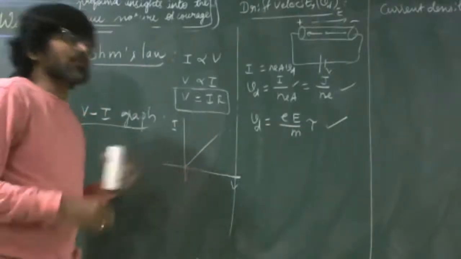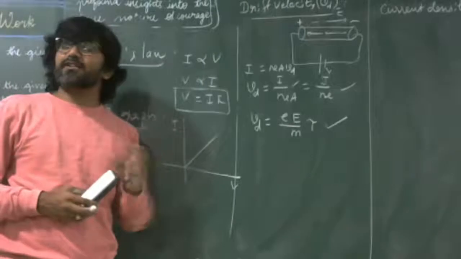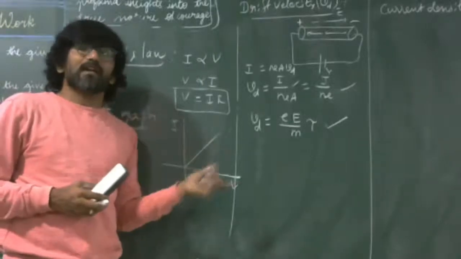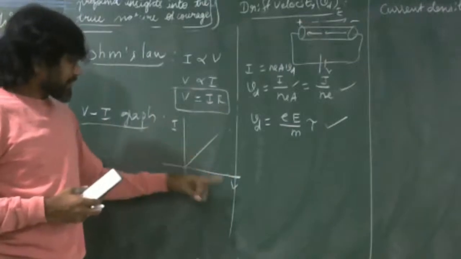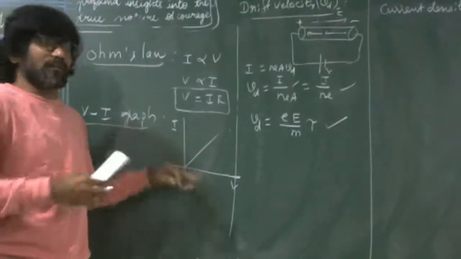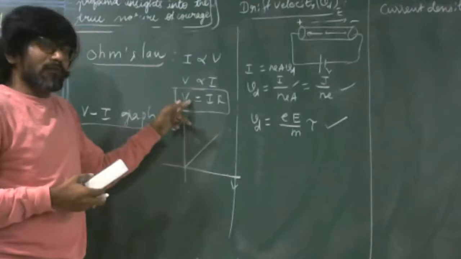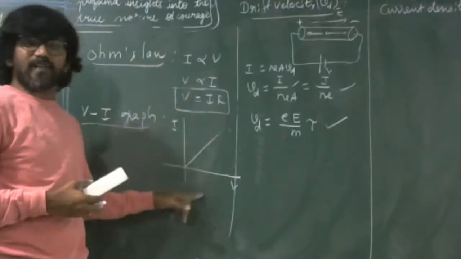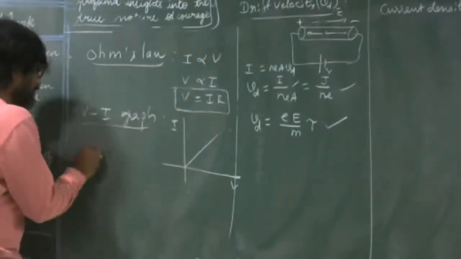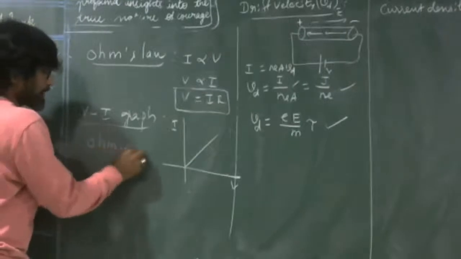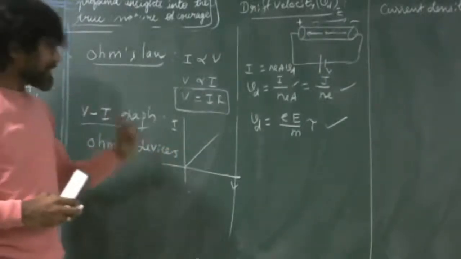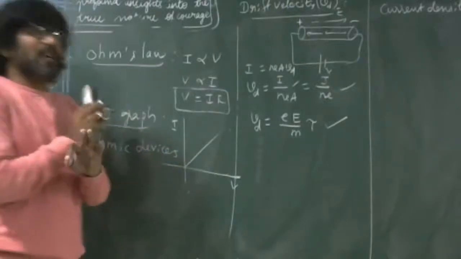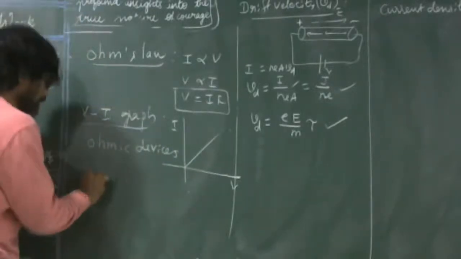Based on this, we can classify the materials into different types like ohmic devices and non-ohmic devices. The devices which obey Ohm's law, for which VI characteristics are straight lines, are called ohmic devices. Whereas the devices for which the VI characteristic graph is not a straight line are called non-ohmic devices.